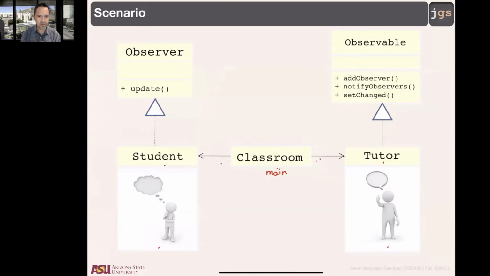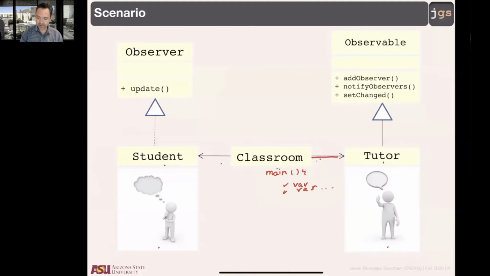The classroom is going to use a student and an instructor for this particular problem. You can imagine that I am going to have the main, and inside of the main, I am going to create variables, and those variables are going to call methods, and that is the relationship using. And in this particular example, the classroom is the one creating the objects and calling the methods. The classroom is the leader, the main.